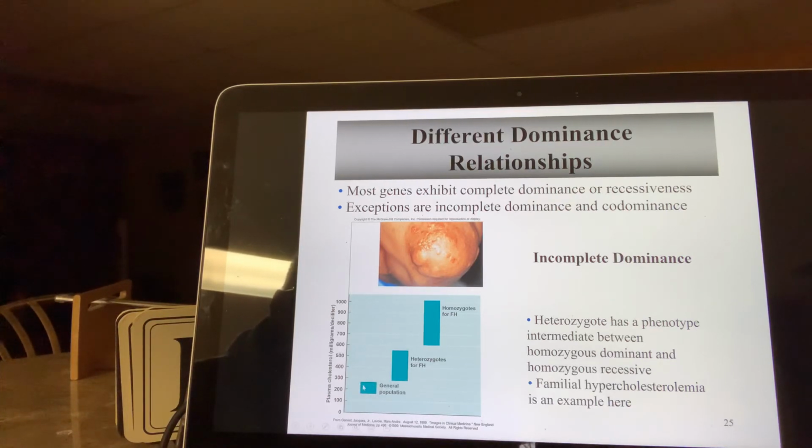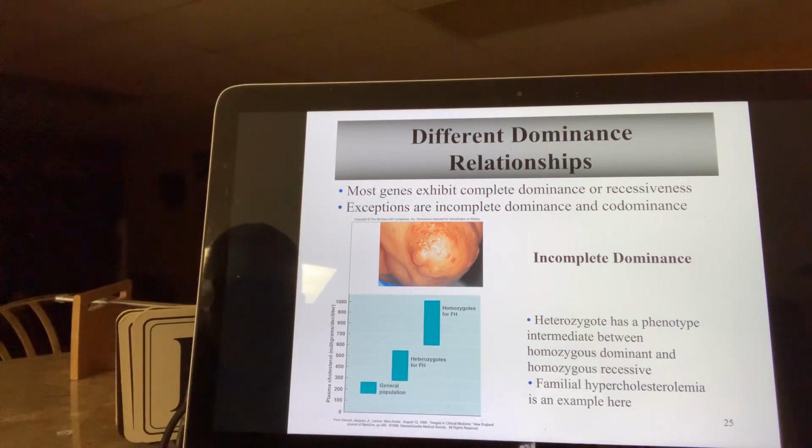If you get two of the abnormal alleles, your cholesterol level tends to be super high and very dangerous. But if you get one normal and one abnormal allele, you're heterozygous, your cholesterol level is higher than normal, but not as high as these people. In other words, incomplete dominance creates a situation in the heterozygote that is between the two conditions.